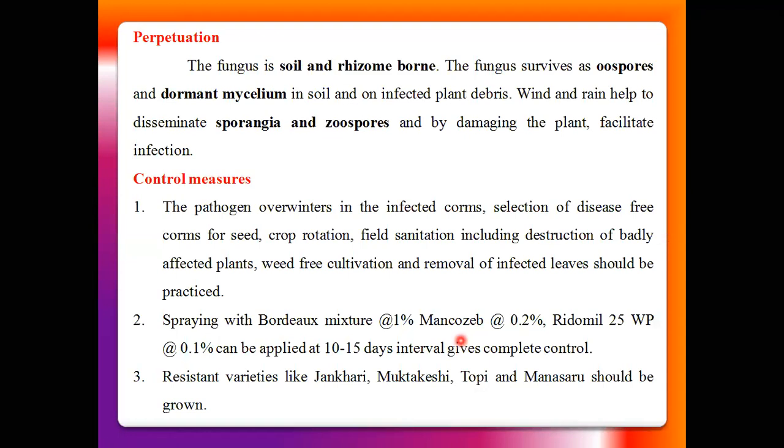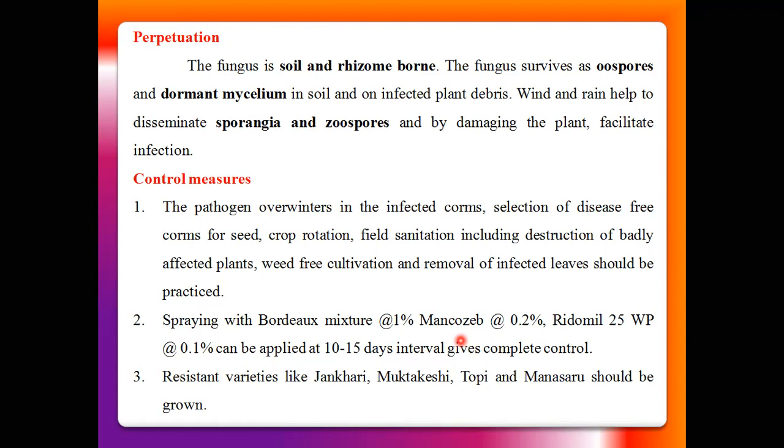Then, how to control this blight disease in Colocasia? The leaf of the Colocasia is generally used for eating by human beings, having important properties, that is some micronutrients and antioxidant properties in the leaf of the Colocasia.